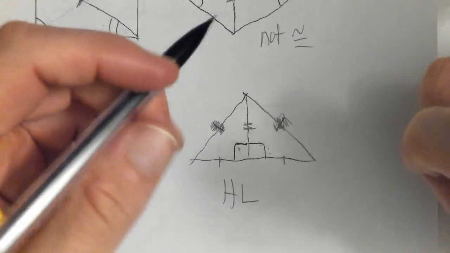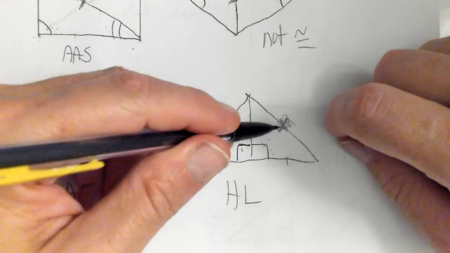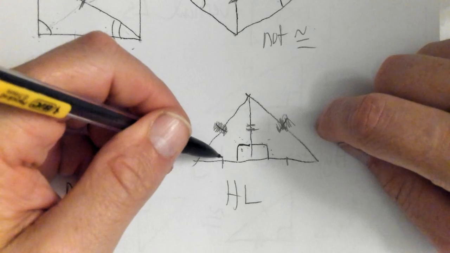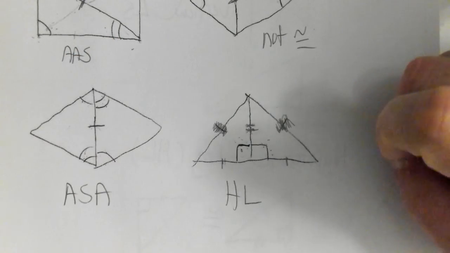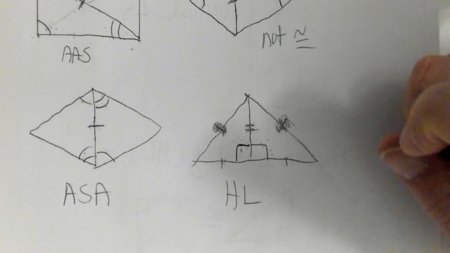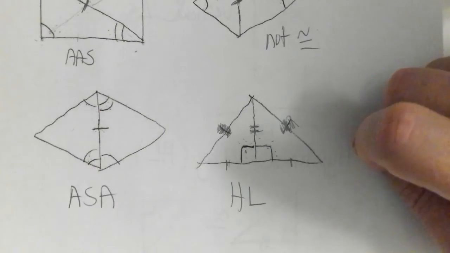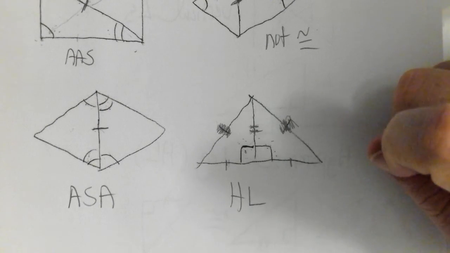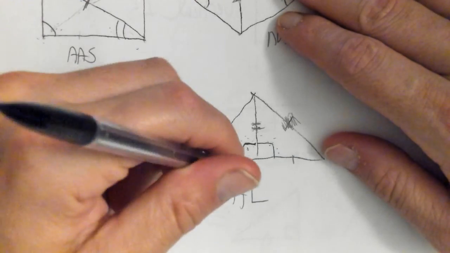But it would be congruent. You may not have hypotenuse leg, but you've got side, angle, side. So really, if two sides of a right triangle match, then you got it. You'd have hypotenuse leg or you'd have side, angle, side. In either case, you would have two congruent triangles. All right? So there you go.